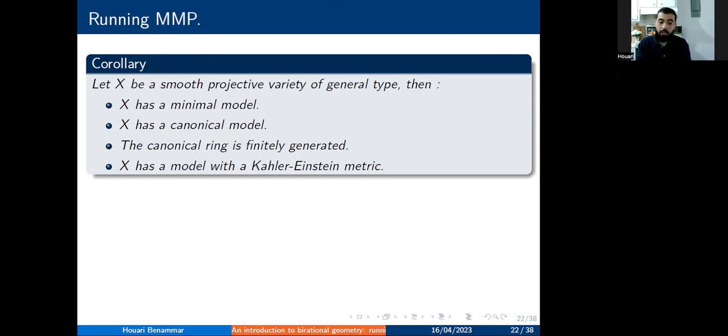Also X has a model with a Kähler-Einstein metric. This metric is very important, as it is related to K-stability, and this notion was defined by Tian, a student of Yau, and Donaldson also. Okay, so let's take a break. Thank you very much, Houari.